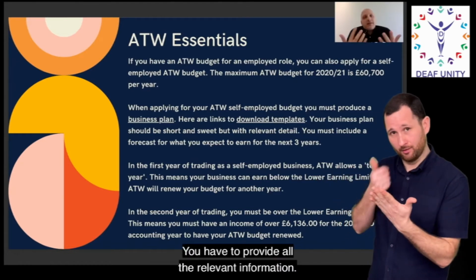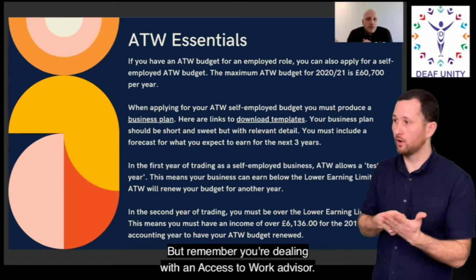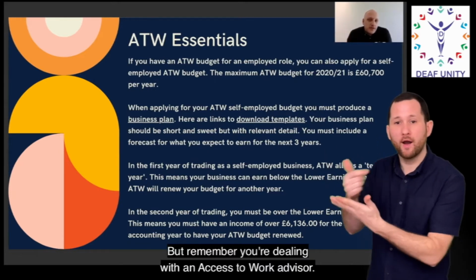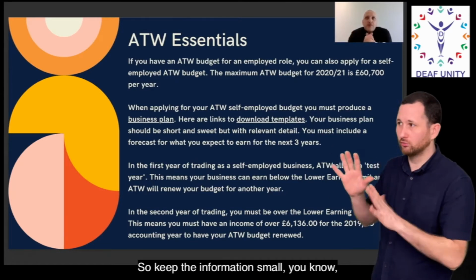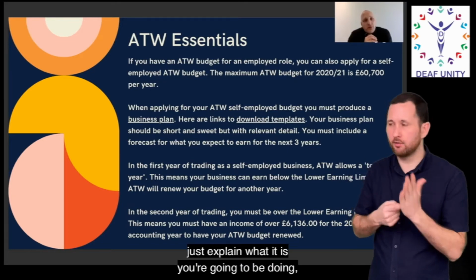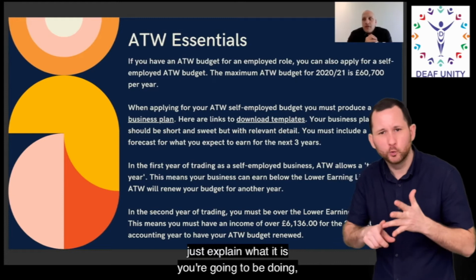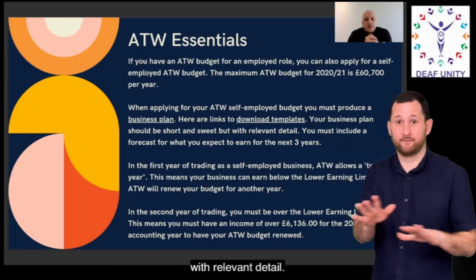You have to provide all the relevant information, but remember, you're dealing with an Access to Work advisor. It's not necessarily a bank, so keep the information small. Just explain what it is you're going to be doing, keep it simple, short and sweet, with relevant detail.